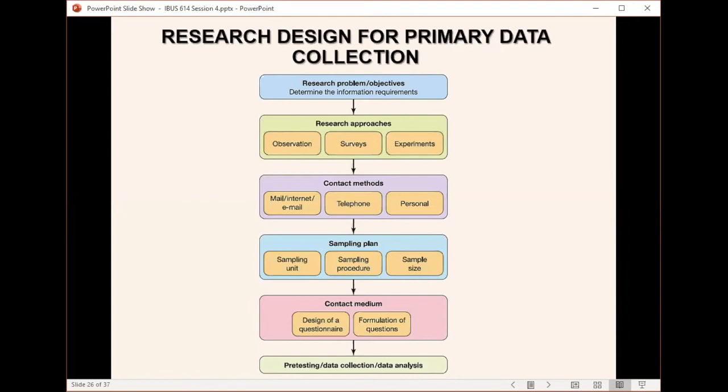For quantitative, there's a multitude of multivariate data analysis techniques like conjoint analysis, discriminant analysis, cluster analysis, structural equation modeling, multiple regression, ANOVA, MANOVA, logistic regression, to name a few. There are so many of them. So it all boils down to your information requirements and how you hope to address the need for that information.